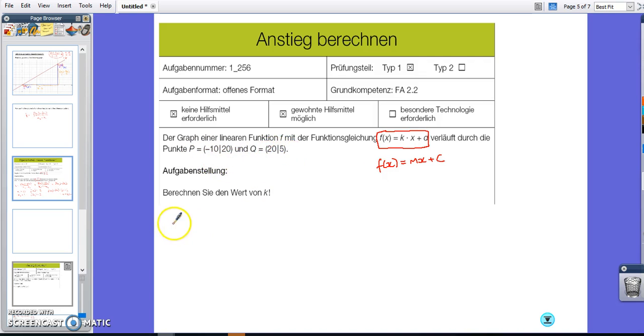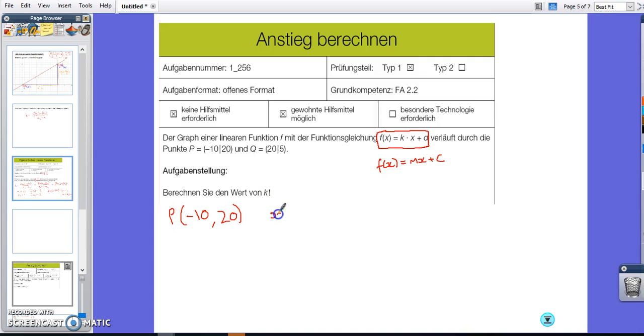So this now should be really easy, because we can see that P is before Q, it's at the point where x is minus 10, and Q is at the point where x is 20. So actually, these values, we have P is minus 10, 20. I'll use the comma notation as I'm speaking in English.